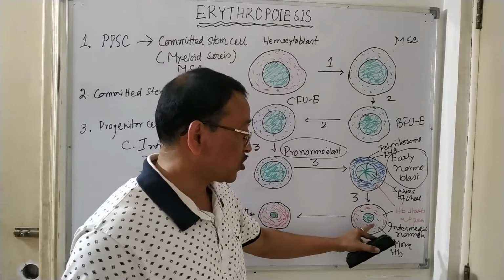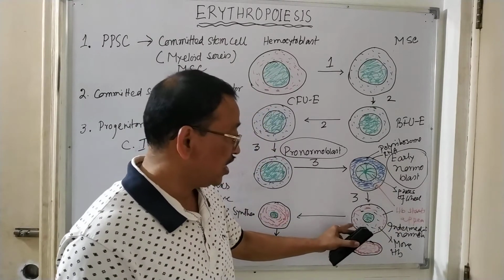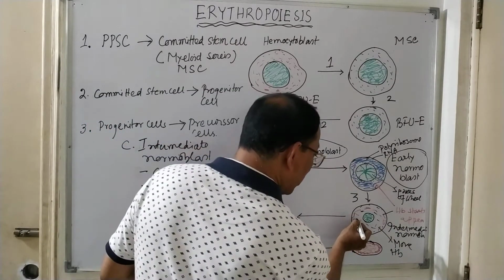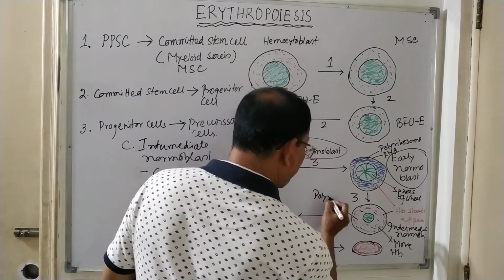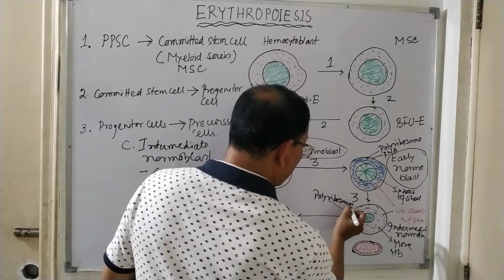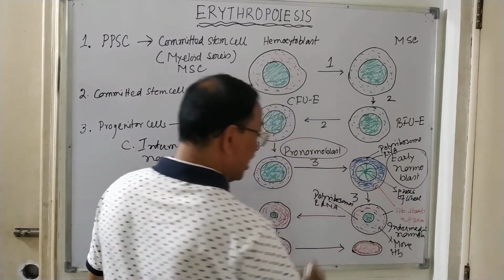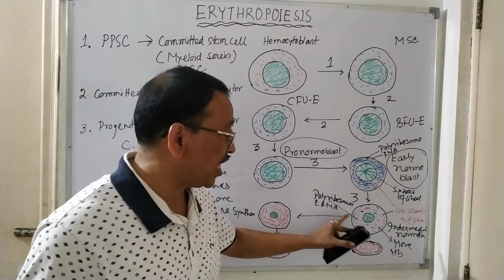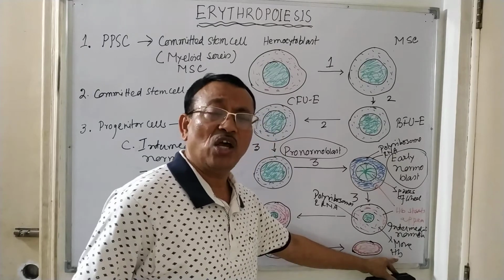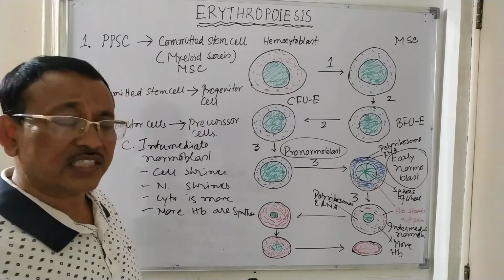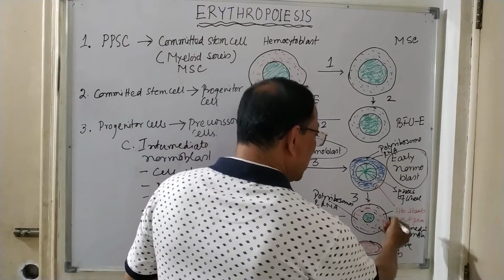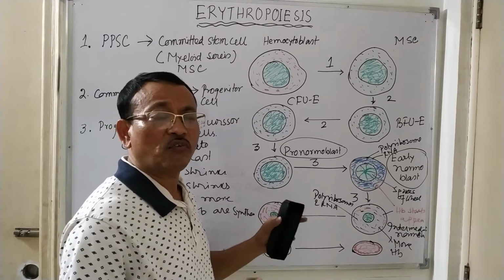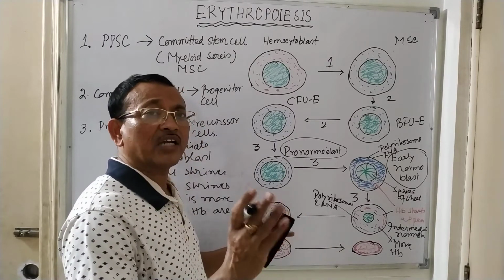But in the cytoplasm of the intermediate normoblast, at this stage, some polyribosomes and RNA are still there. As the polyribosomes are basophilic in nature, and the hemoglobin is acidic, eosinophilic in nature, these will be known as polychromatophilic erythrocytes, because here two colors are available.